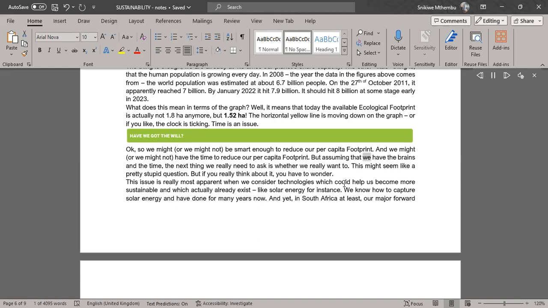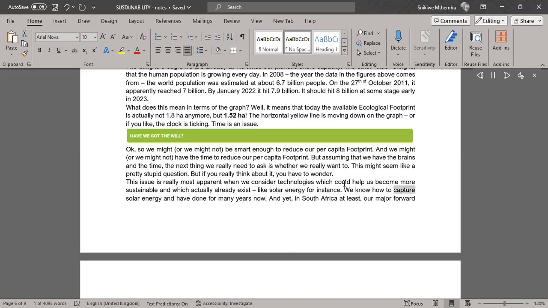But assuming that we have the brains and the time, the next thing we really need to ask is whether we really want to. This might seem like a pretty stupid question. But if you really think about it, you have to wonder. This issue is really most apparent when we consider technologies which could help us become more sustainable and which actually already exist, like solar energy for instance.